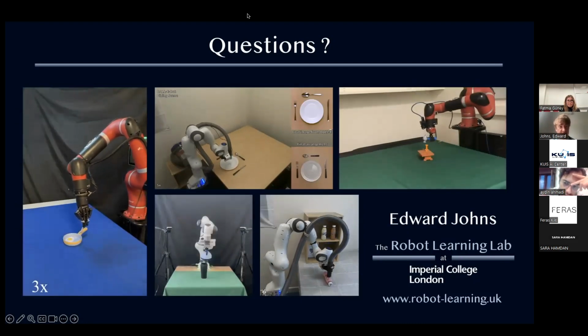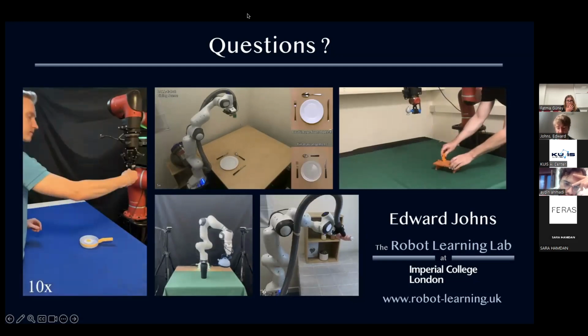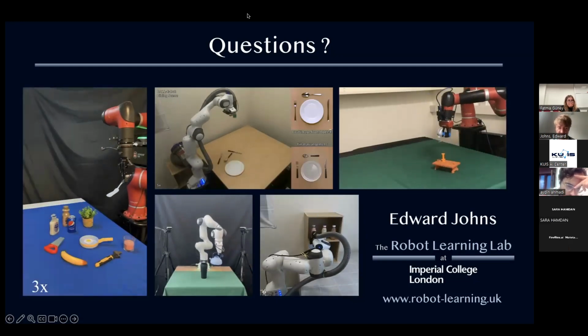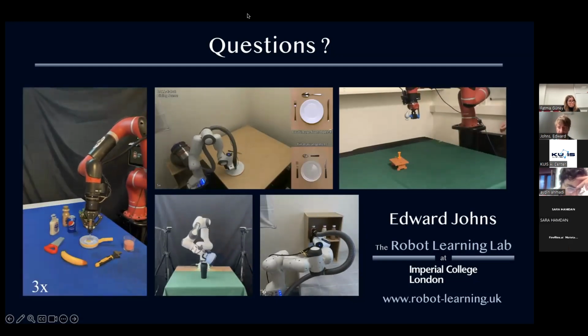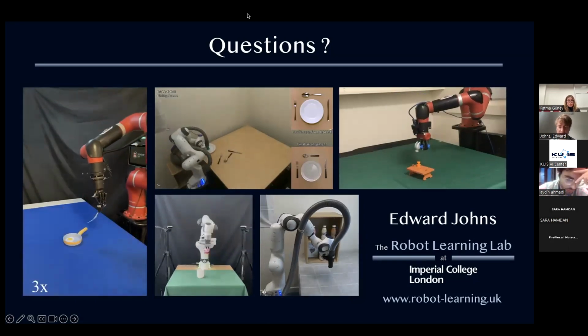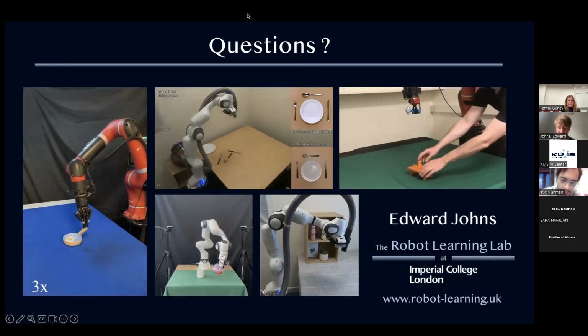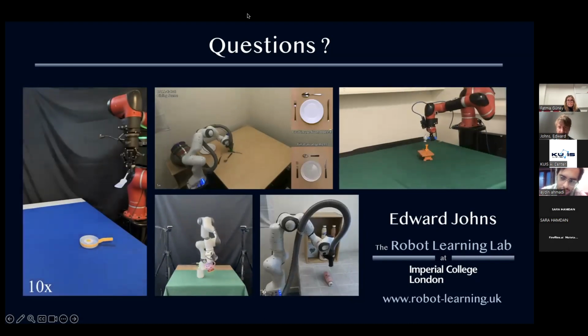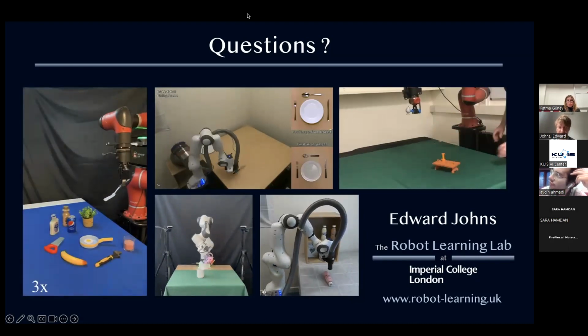But certainly it's possible to combine data sets from different robots in real time. And there's been lots of work on that. I think Google did some work on this a few years ago on having multiple robots learning together and sharing that data in an asynchronous manner.